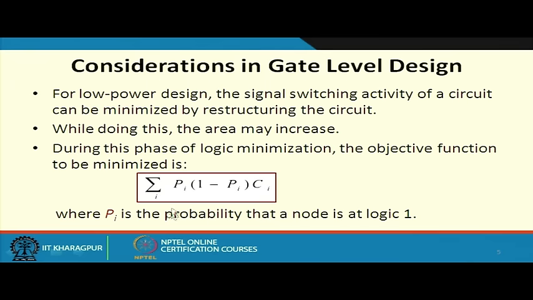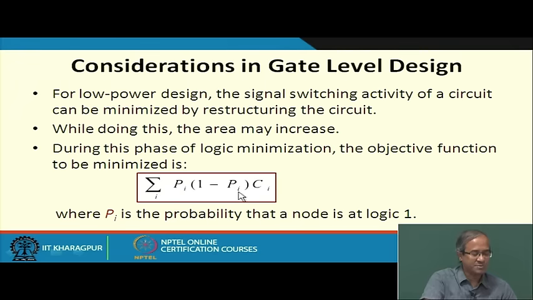If I take the product, it means I am saying that this is the probability that the logic value of the node will be at 1 and also will be at 0, which means there is a transition, or vice versa, 0 and 1, right. That is why I take the product of Pi and 1 minus Pi, that is the probability that there is a transition, multiplied by the capacitance value. So, if you take the sum total, this will be the objective function that I want to minimize, because if I minimize this, my dynamic power will also be minimum.